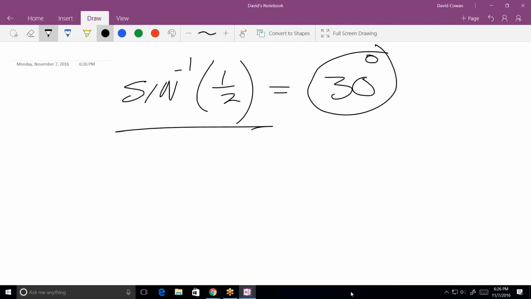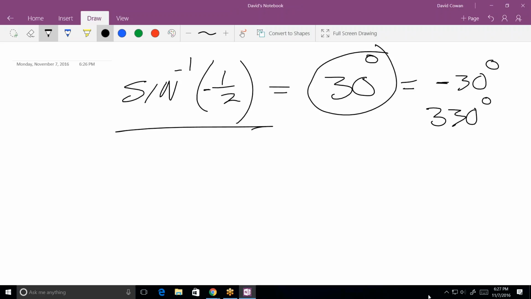And for positive, it's in the first quadrant. For negative, it's in the fourth quadrant. So if I said, what's the inverse sine of negative 1/2, the answer is technically minus 30 degrees. You wouldn't be wrong if you said 330 degrees. But actually, yeah, you might be.